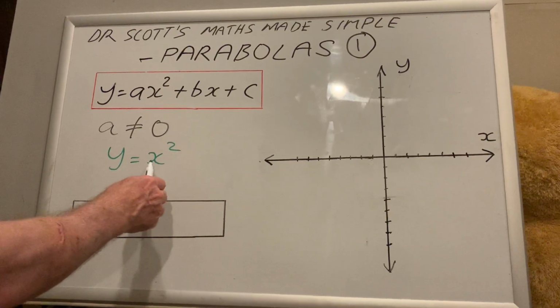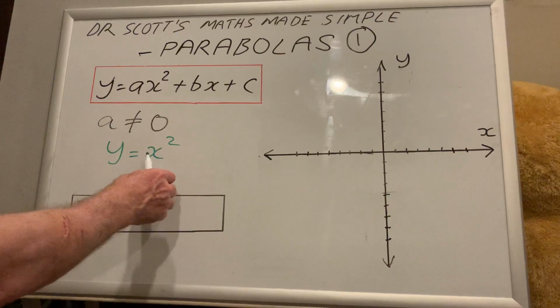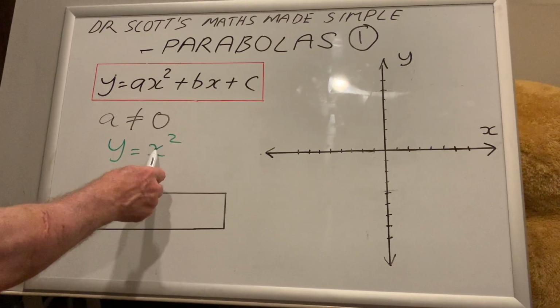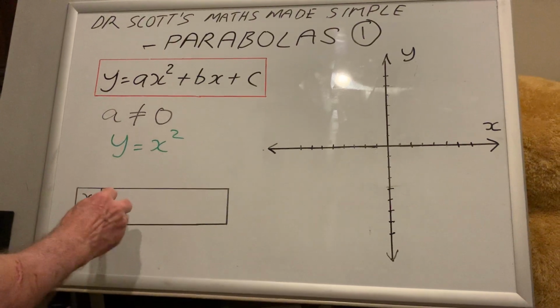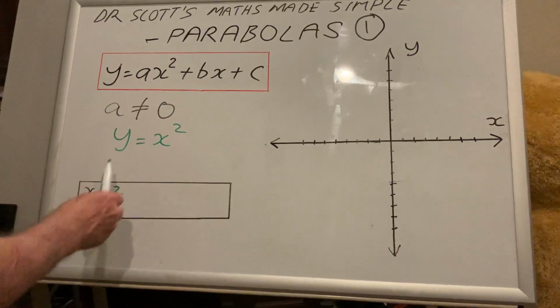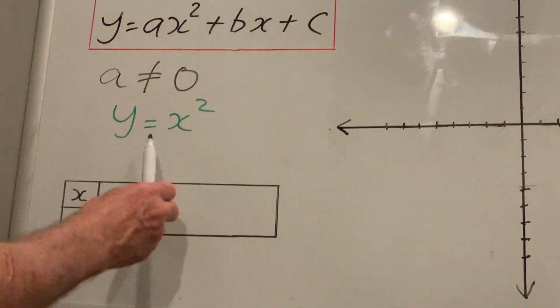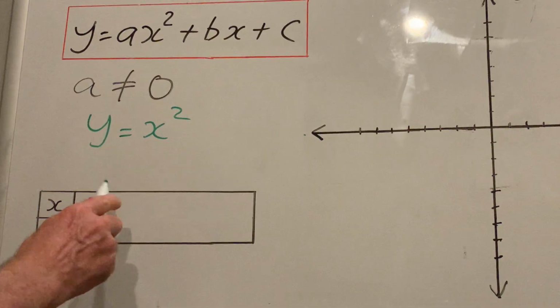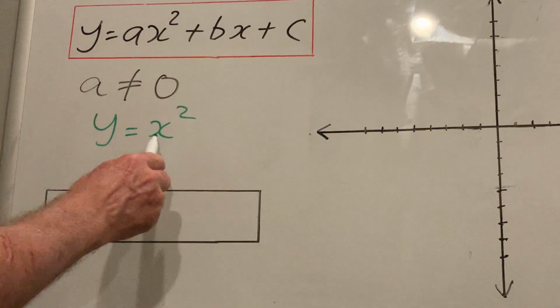So when x equals 2, y equals 4, because 2 squared, or 2 times 2, is 4. On my little table, I'm going to write them down here. When x equals 1, y equals 1, because 1 squared, or 1 times 1, equals 1.